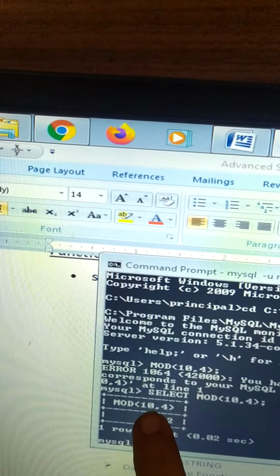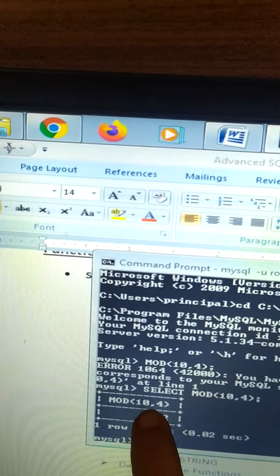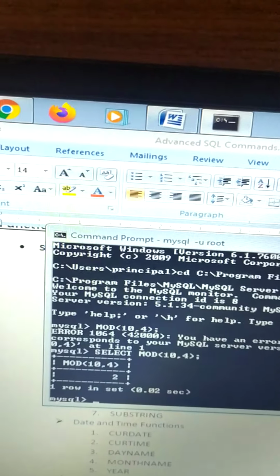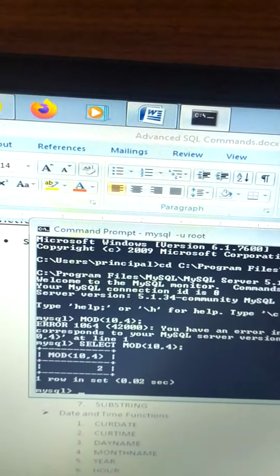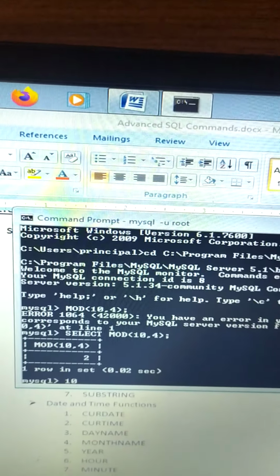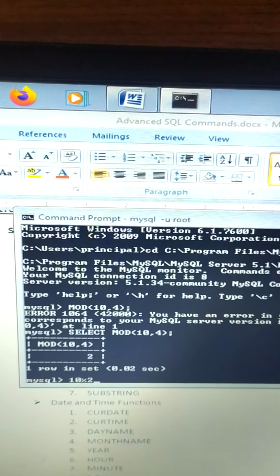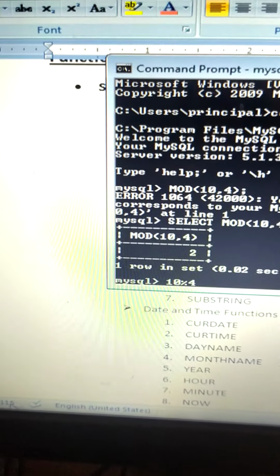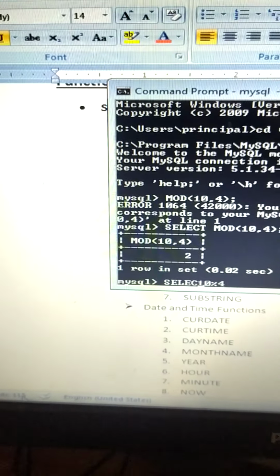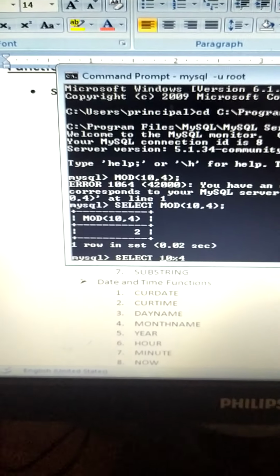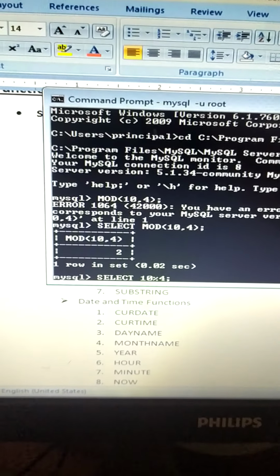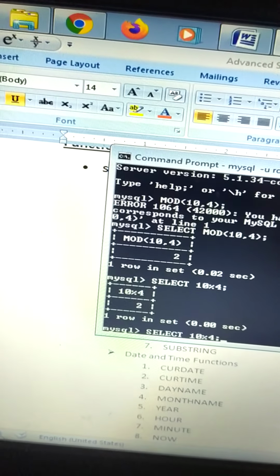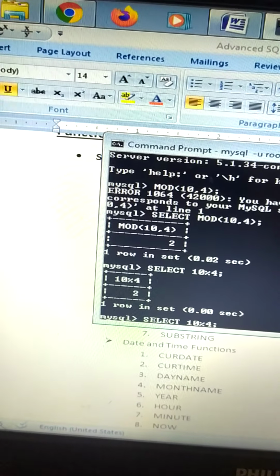We can also write it as select 10 % 4 and then a semicolon. It will return the same answer. Let us consider some other example.